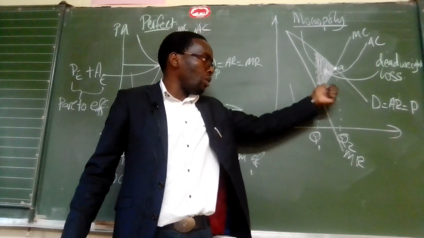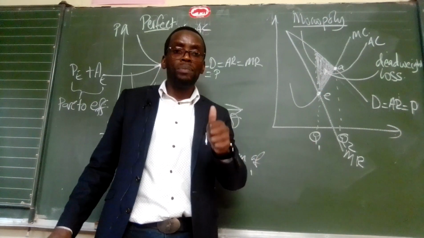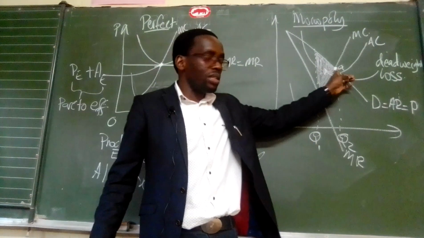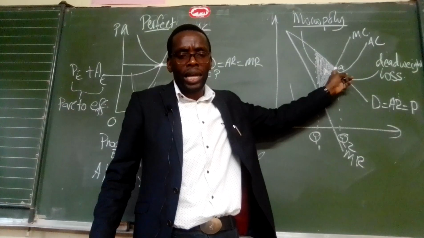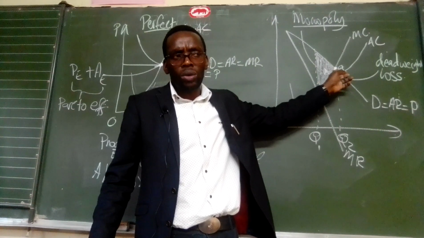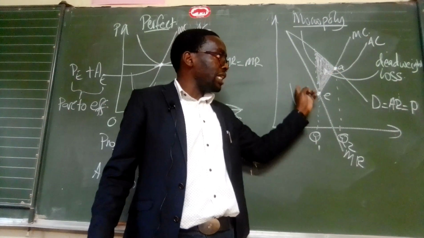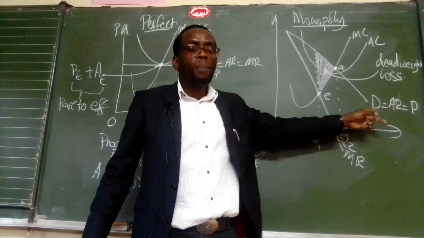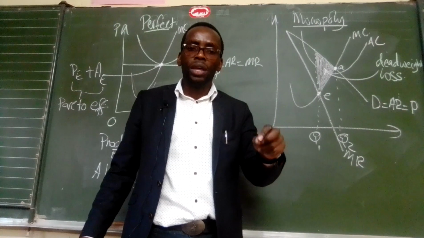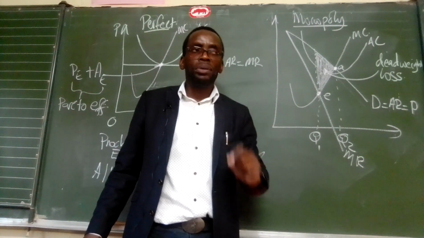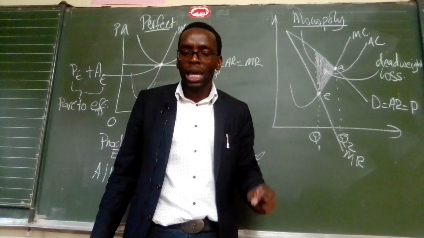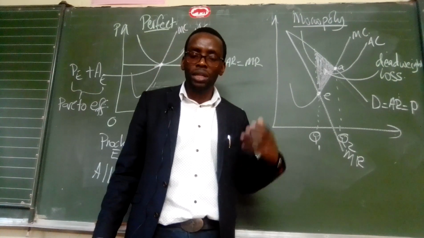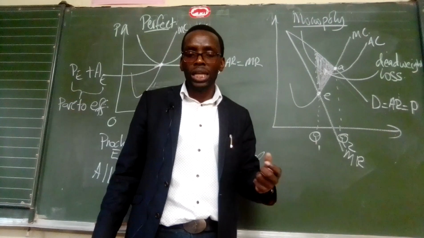So at that point, you would need to understand that a firm that operates in a monopoly can achieve allocative efficiency in the long run, okay? Because that's the point at which our MC is equal to our price. But it cannot achieve Pareto efficiency. Why? Because it is unable to achieve productive efficiency even in the long run.